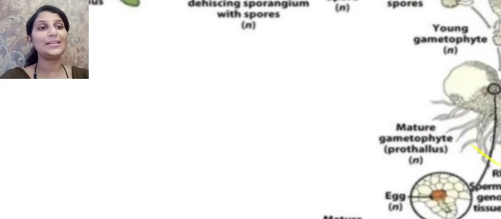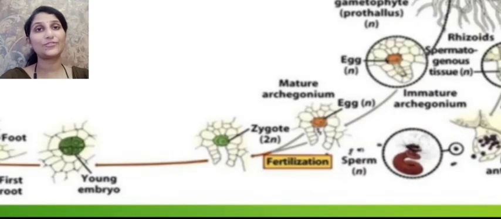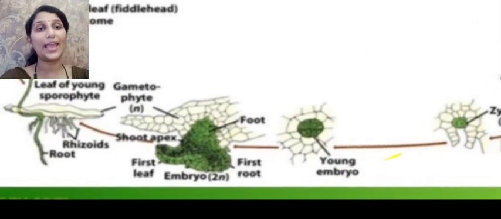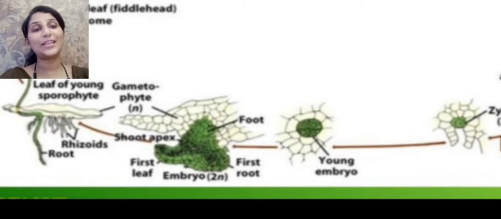This is the prothallus, which bears the male and female reproductive structures, namely antheridium and archegonium. The antheridia produce the antherozoids, and the archegonia bear the egg, which fuses within the archegonia to produce the zygote. The zygote develops into a young embryo, and this develops into a mature sporophyte, which is again diploid.